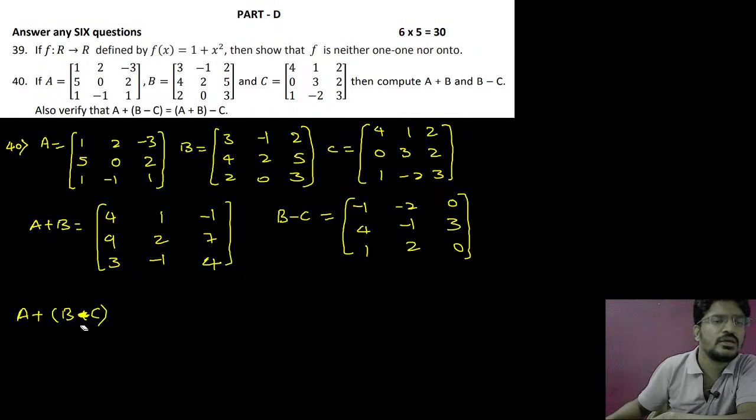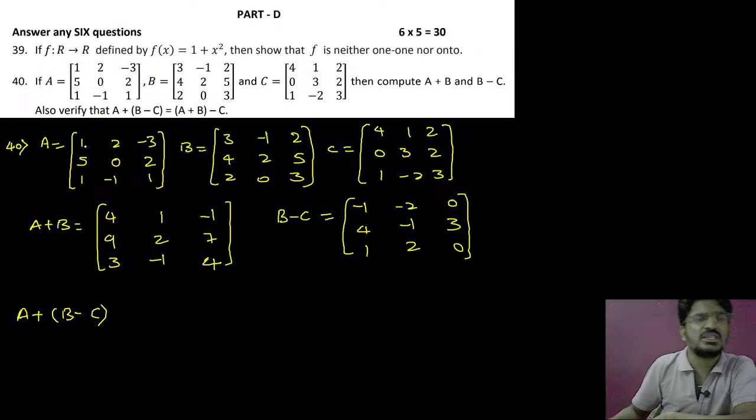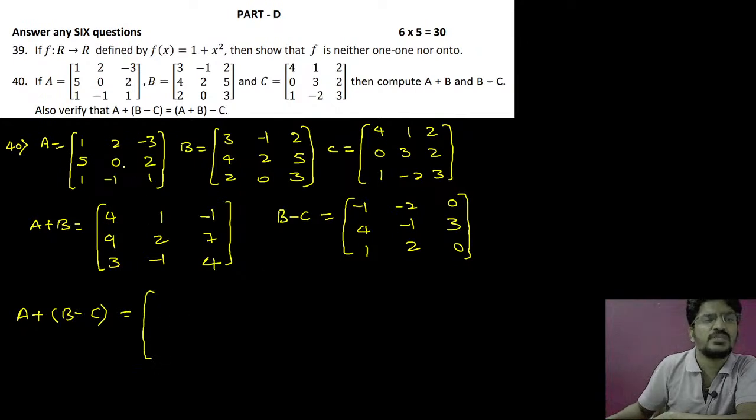Sorry for that. So you just see, this is A, this is B minus C. Now you can simplify that.